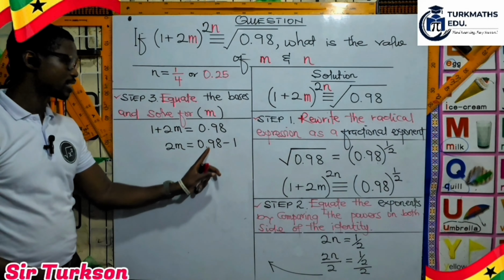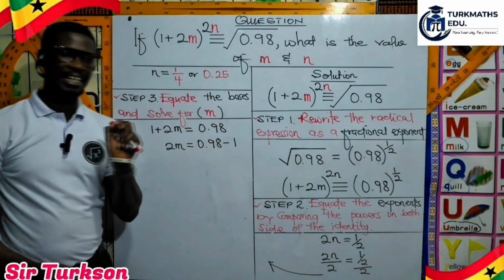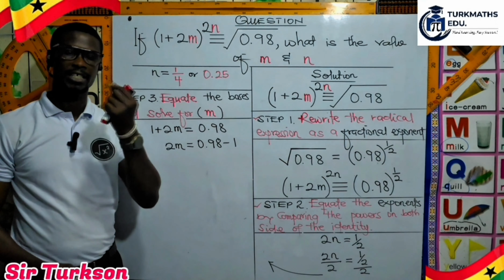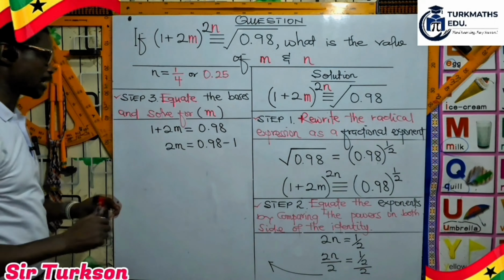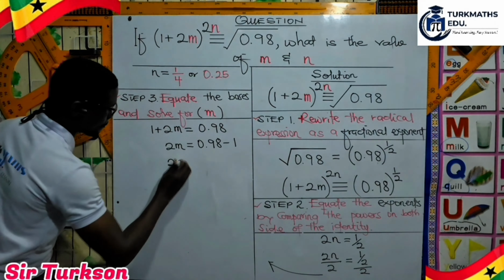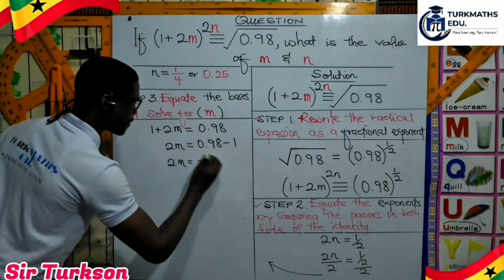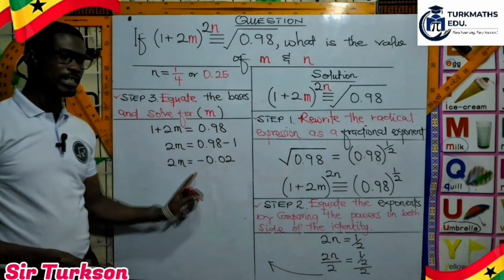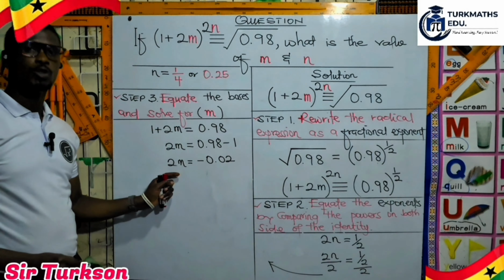n equals 0.98 minus 1, and this here will give us negative 0.02. Right, you can check with your calculator. So the next thing to do here is to divide both sides by 2.